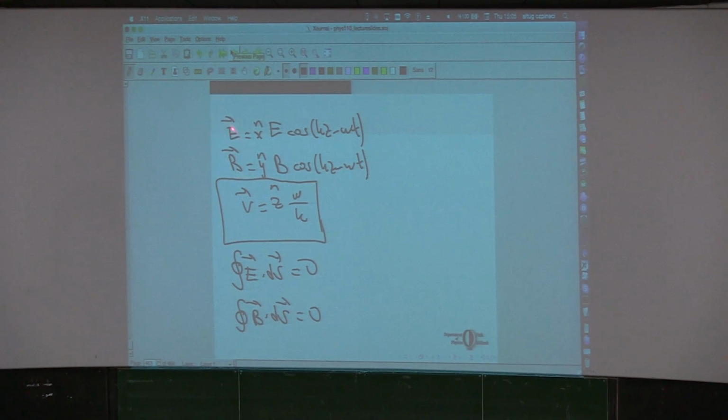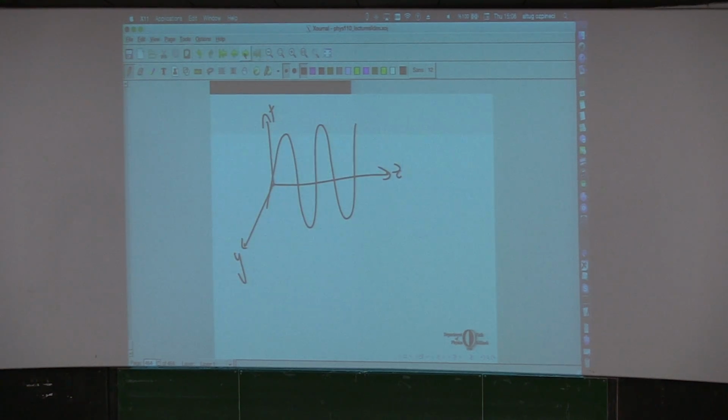Whenever the electric field is at a maximum, the magnetic field is also at a maximum. So the magnetic field lines will look something like this. Just think of it as a three-dimensional plot. This is the magnetic field at that point. This is the electric field at that point.